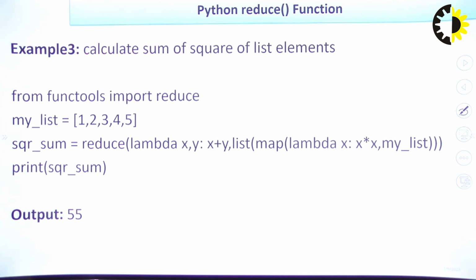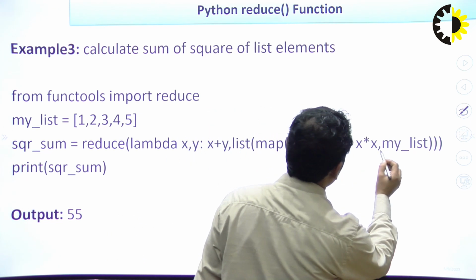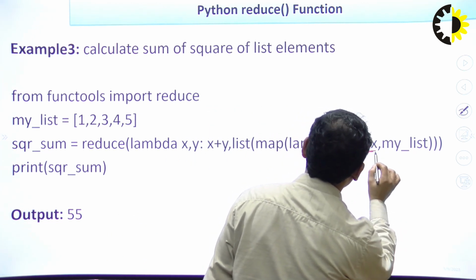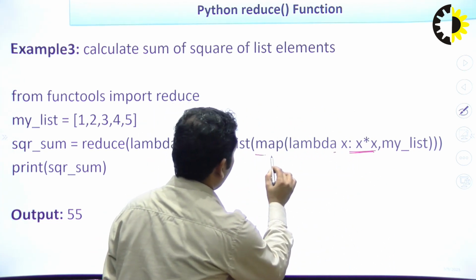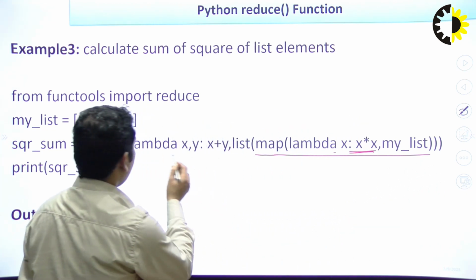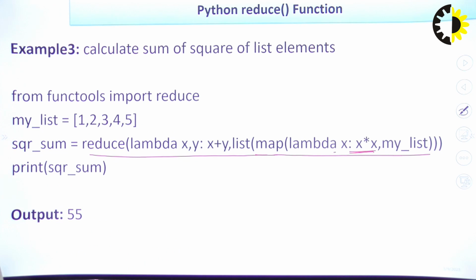Calculate the sum of squares of a given list. Sum of squares means add the squares. First perform the squaring of each element, so here we use map for the square, and then use reduce. Both are applied here, reduce and map.